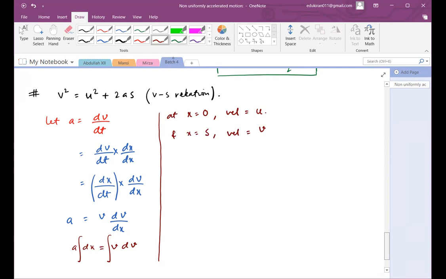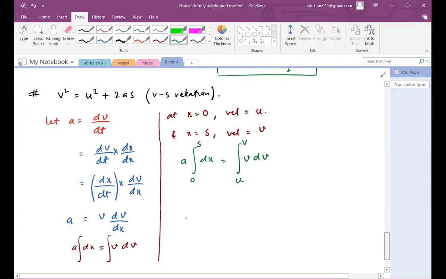Now put these two terms in this expression, you will get integration of a times dx is equals to integration of v times dv. If displacement is 0, velocity is u. If displacement is s, velocity is v.